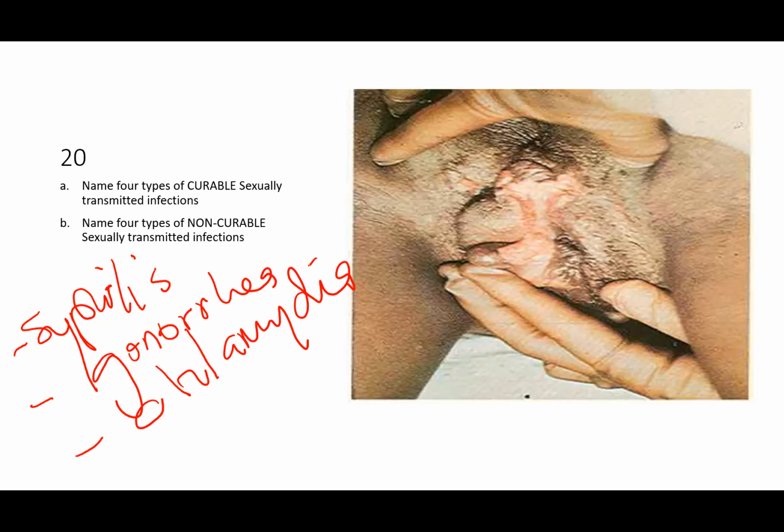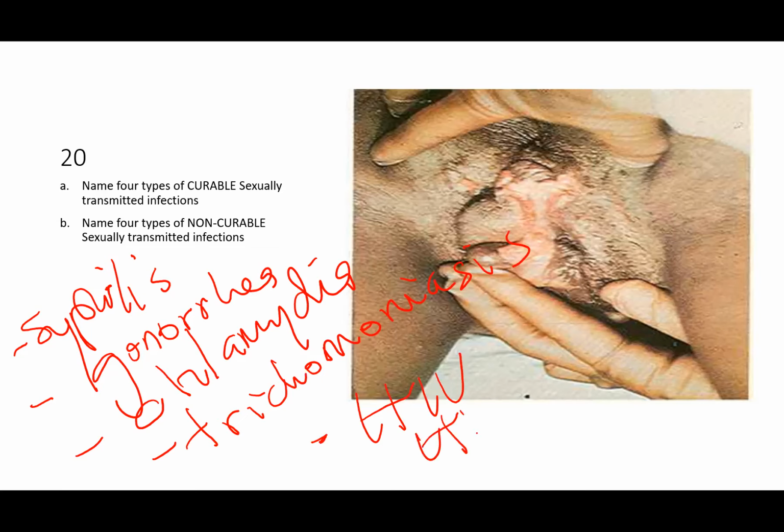Then you have trichomoniasis. These are curable ones. Non-curable ones are HIV, HPV, hepatitis, hepatitis B, and herpes simplex.